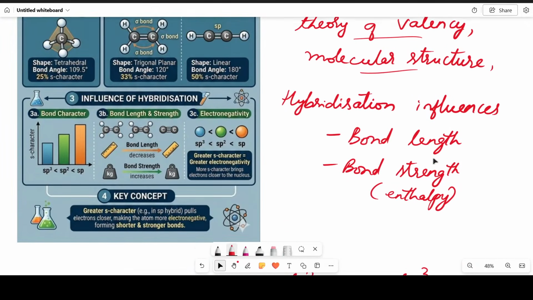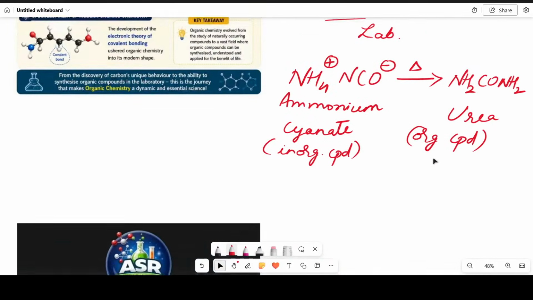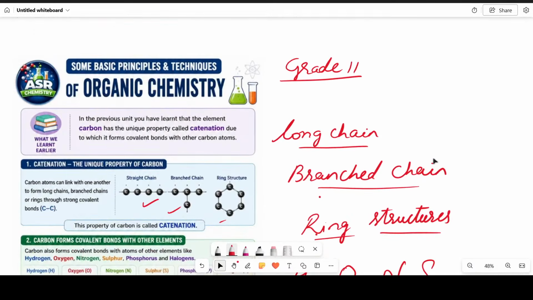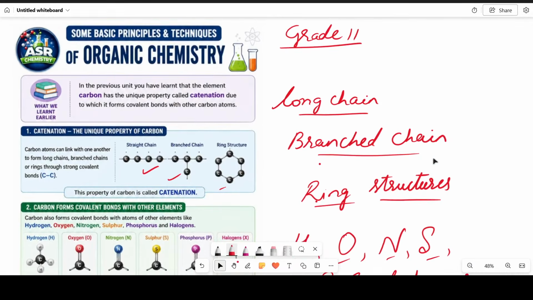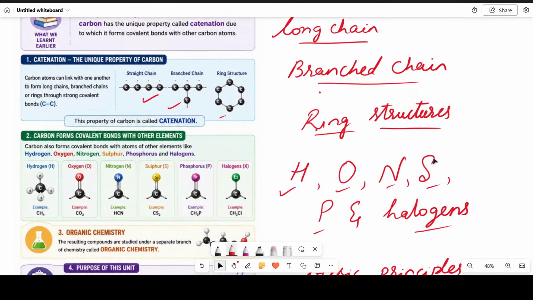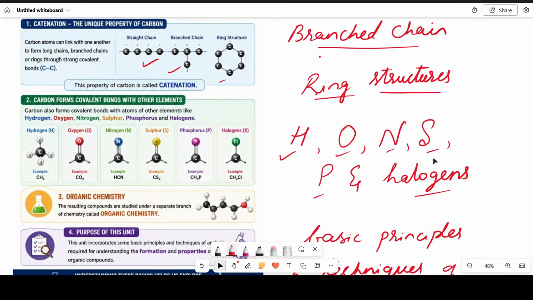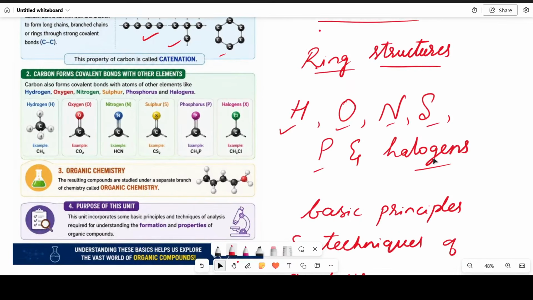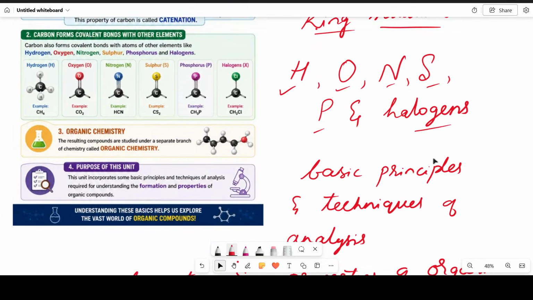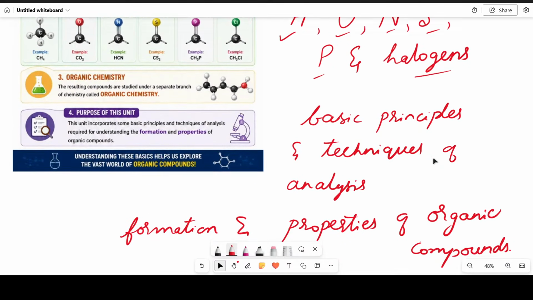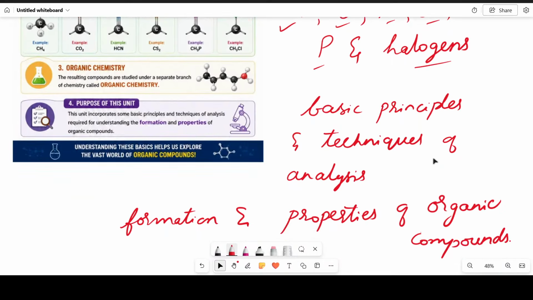Now quickly review. Catenation, a unique property of carbon. Carbon forms covalent bonds not just with itself but also with other elements. Organic chemistry studies particularly the organic compounds.